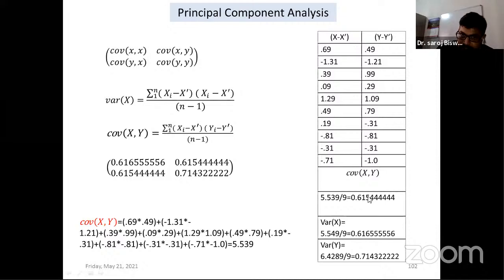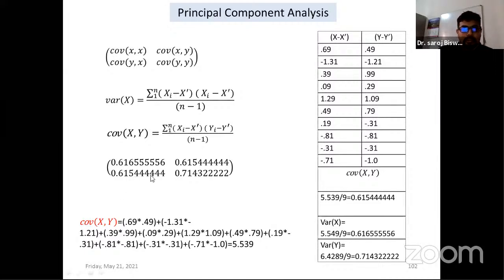And this value is kept here: covariance of x comma y. And again, one thing should be remembered here: the covariance of x comma y equals the covariance of y comma x. Fine. So that's why we have this one here. Similarly, we keep the value here.